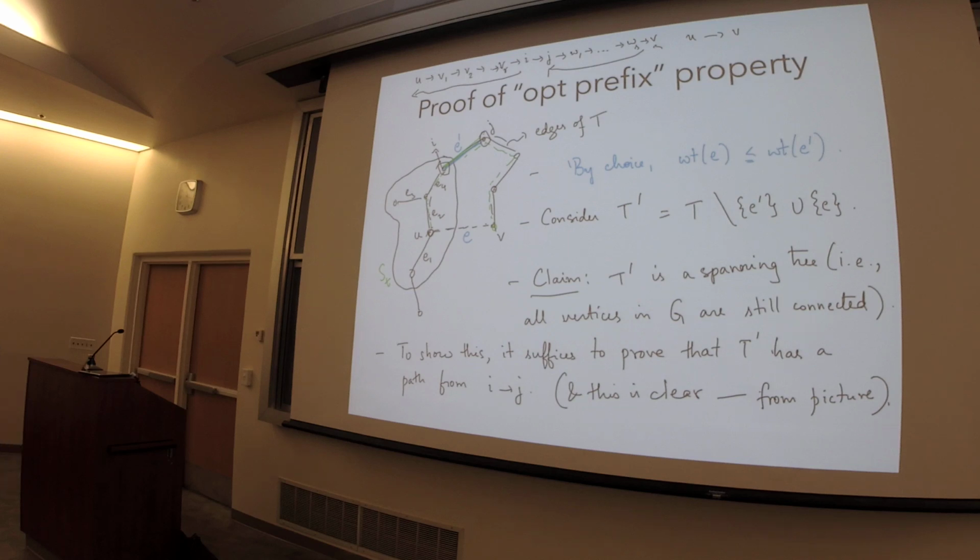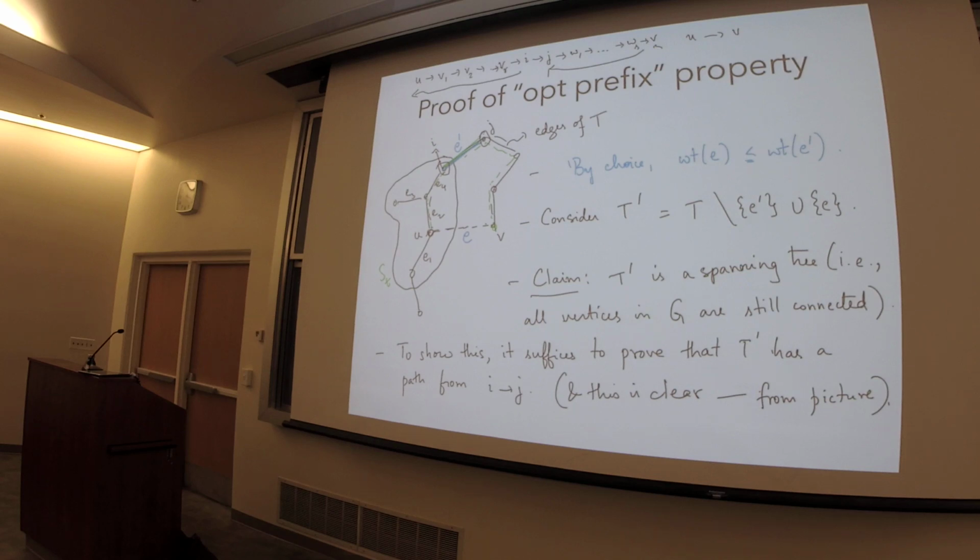I guess I'm confused at how we figured out that E prime really replaces E. If there's several possible edges that go out of S sub T, not all of those edges will connect to the same connected component of T minus S sub T. So that is true, yes.